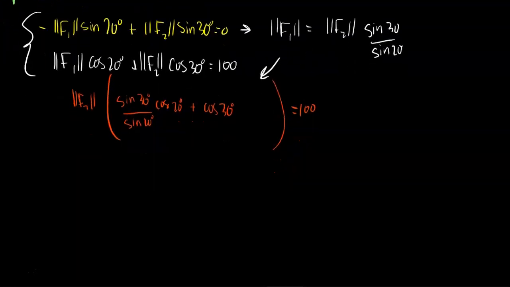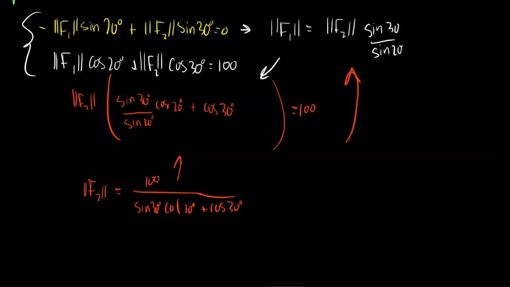So we can stick this into a calculator and say F2 is going to be 100 divided by, I might even write that as, sine 30 cotangent 20 plus cosine 30. And then it'll be very quick after that to substitute into this equation to get F1.